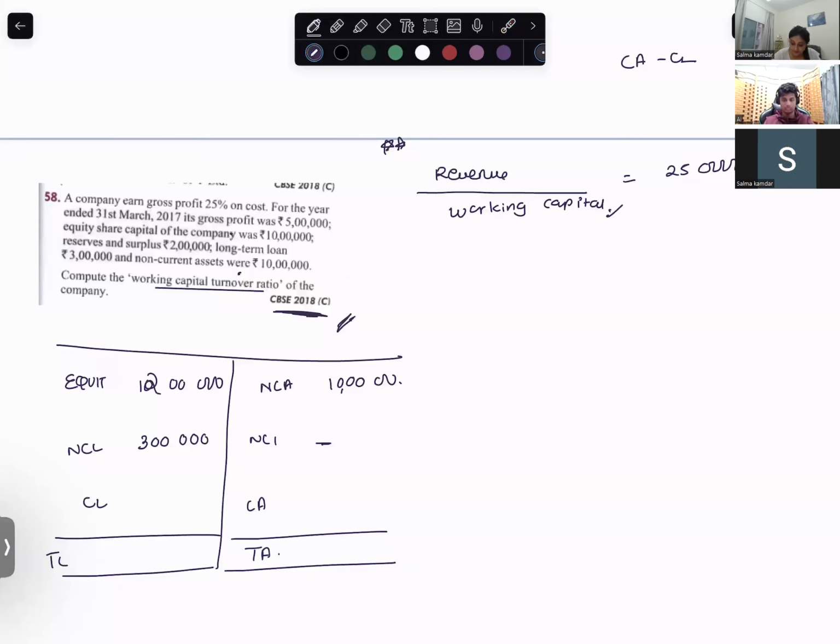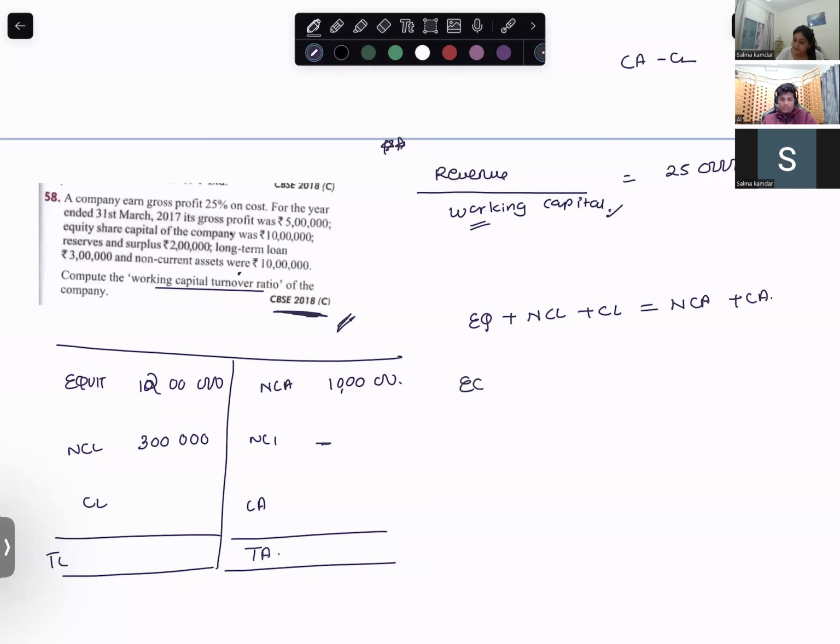Okay, no problem. Let me do the TA equal to TL thing. I have to find working capital. So I know my equity plus non-current liability plus current liability is equal to non-current assets plus current assets. Do I know this? Yes, ma'am.